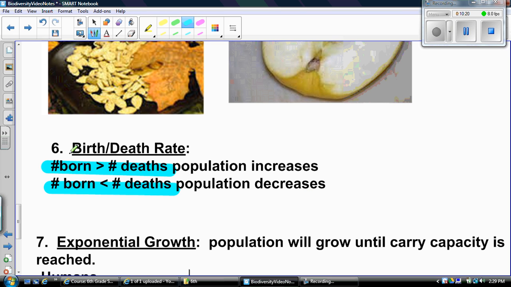In America, our number born is starting to exceed the number of deaths because people are living longer with all our medical advancements. So our population is actually increasing. So the relationship between birth and death rate also determines a species' population size. So that's another factor.